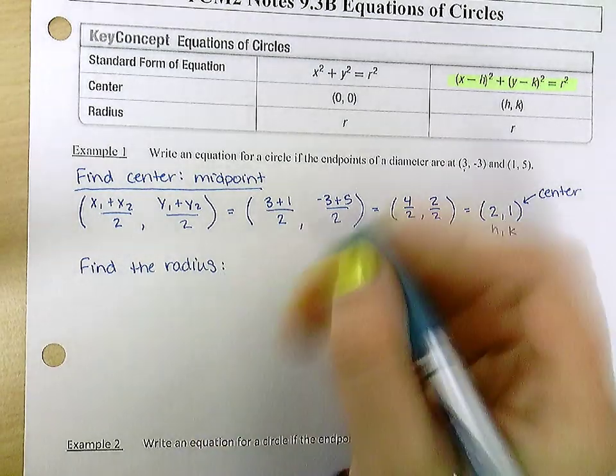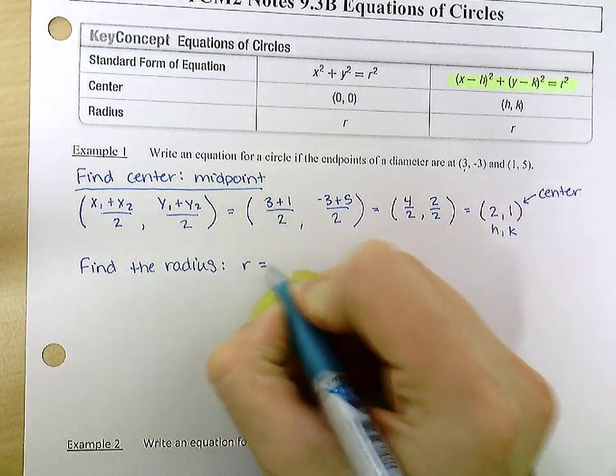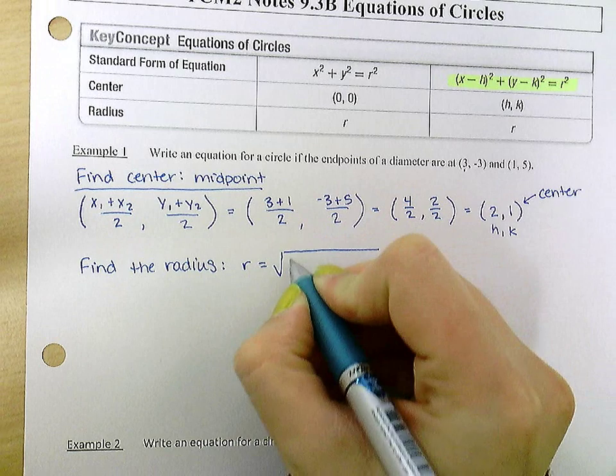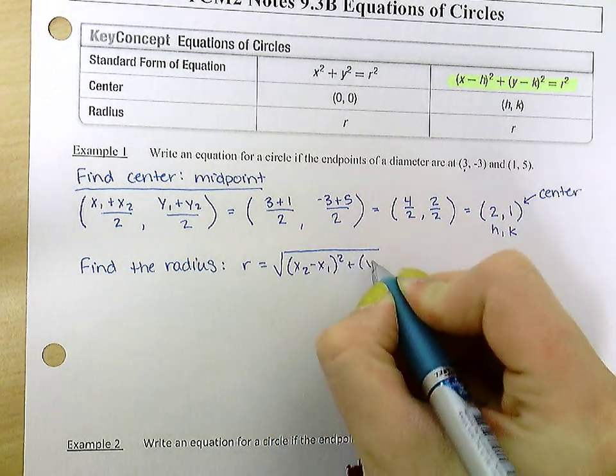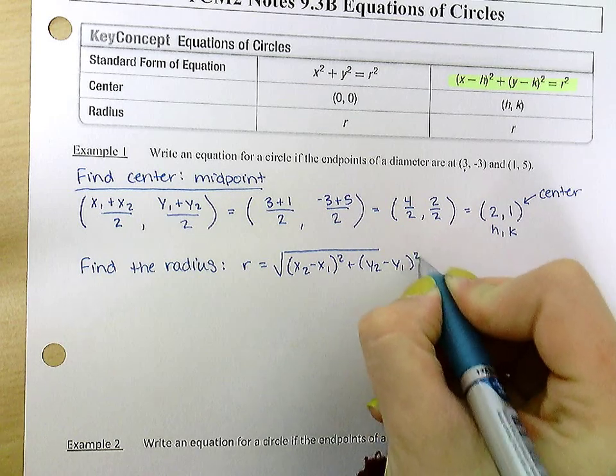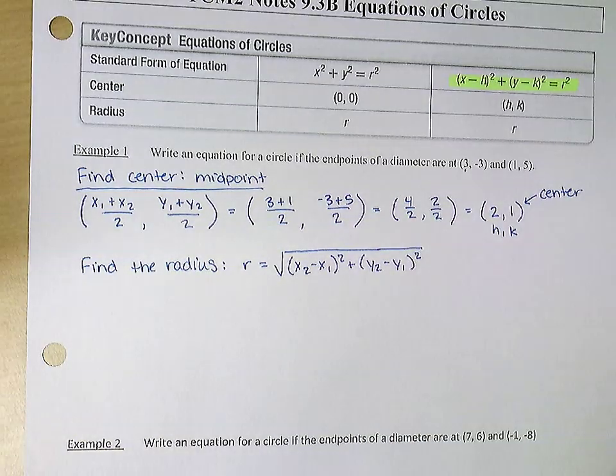To find the radius, we're going to use the distance formula, just like we did yesterday. The 2 points that you need to use are the center and one of the other endpoints from your diameter.